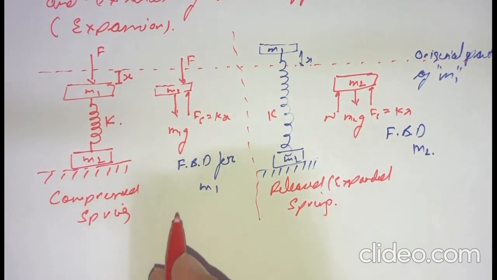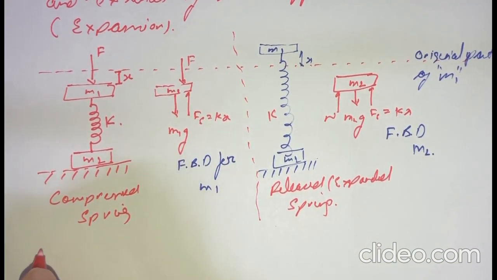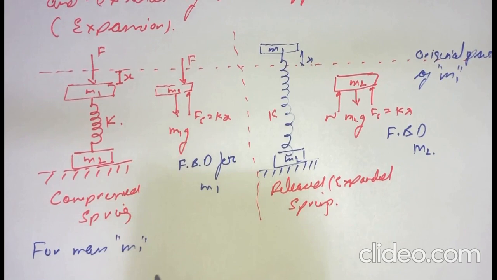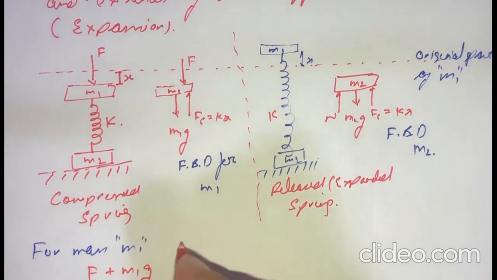So for the mass M1, we can say F plus M1G.